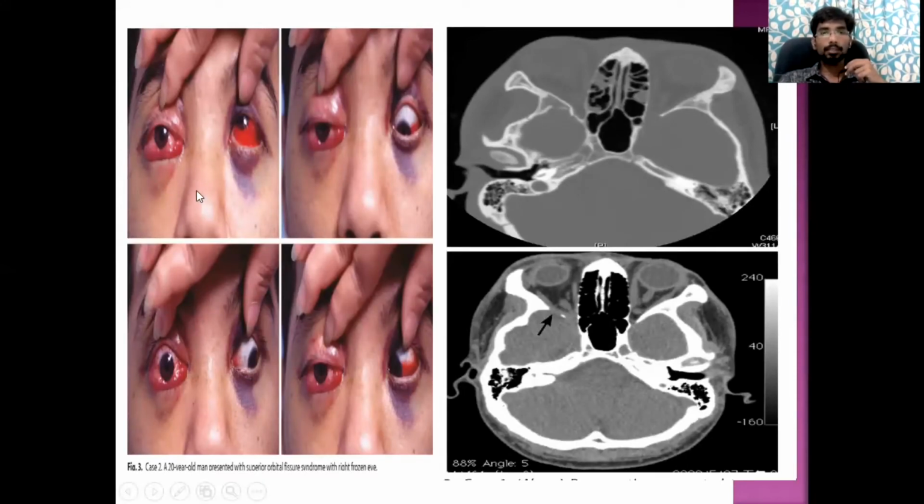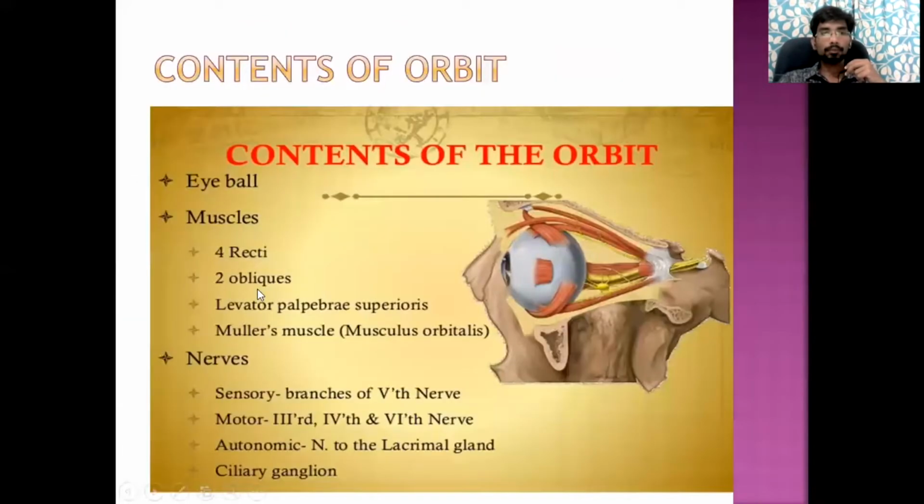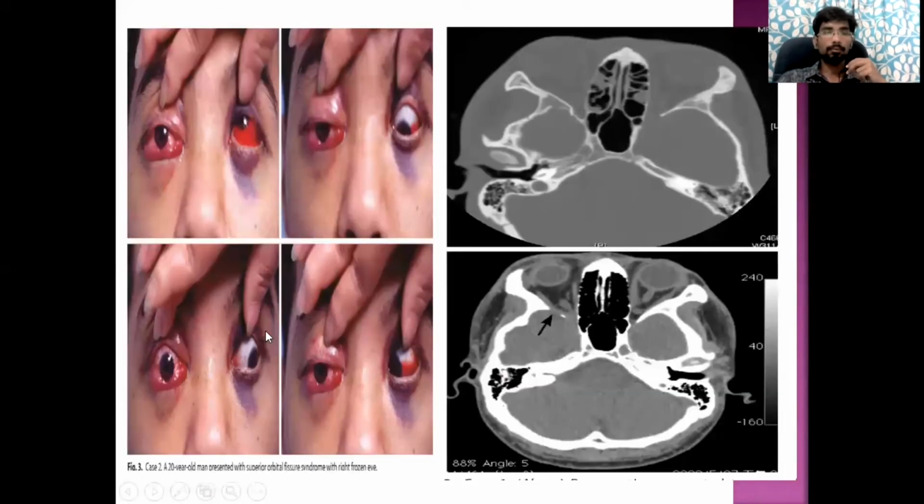So this is a case of superior orbital fissure syndrome. There is proptosis, congestion, chemosis and ophthalmoplegia, with limitation of extraocular movements. This is the fracture involving the superior orbital fissure.